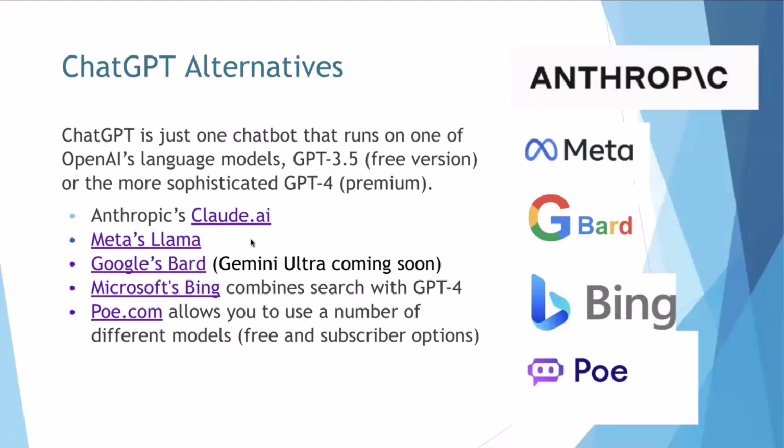It's also Claude from Anthropic, the open source Meta's Llama, Google's Bard, and Google is releasing a more advanced version soon, Microsoft's Bing. And if you haven't tried Poe.com, that's a really interesting platform because you can compare different underlying systems and you can also make your own bot. And all of these you can use for free, though there may be a premium version.